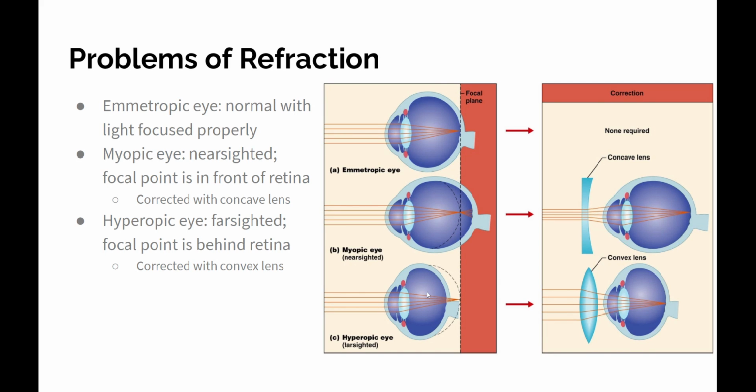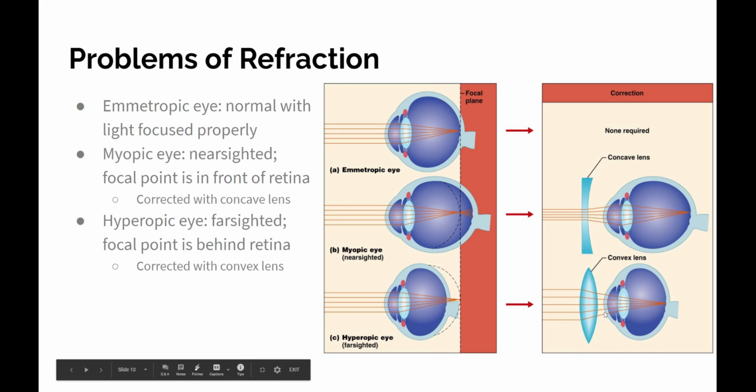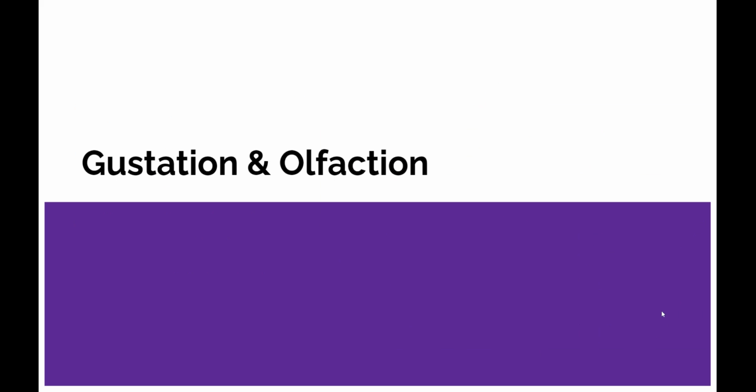Versus the hyperopic eye, which is farsighted. That means that it converges the image just behind the retina, and that uses a convex lens or a biconvex lens to refocus that right onto the retina.